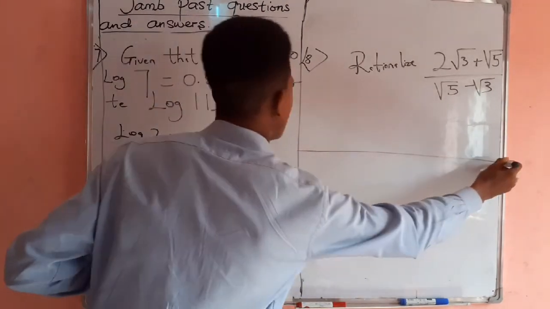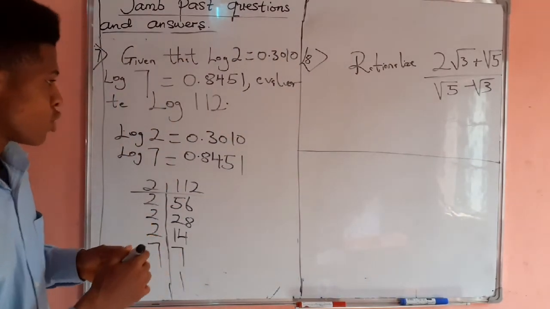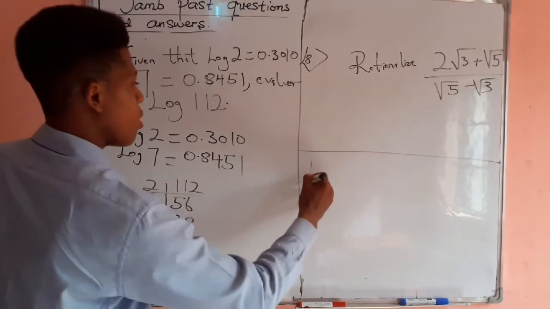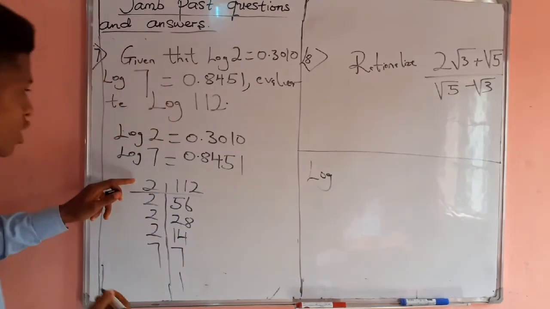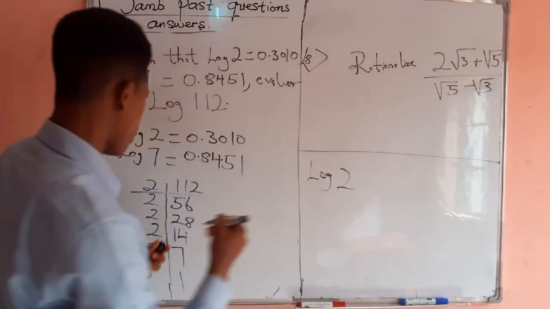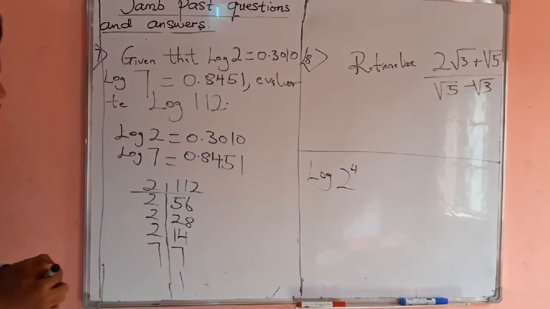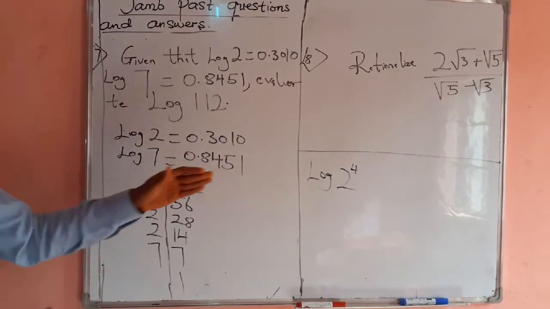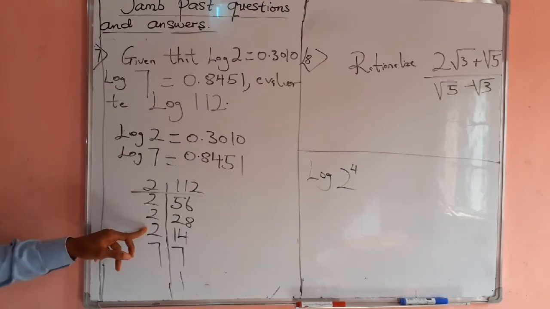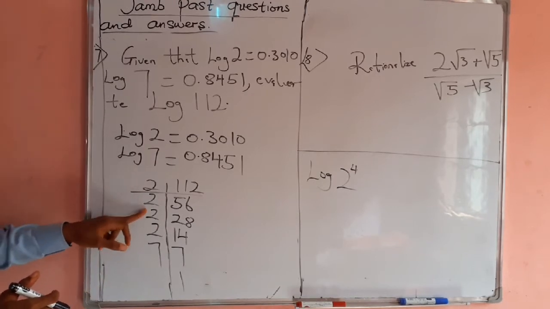So, permit me to use the side of the board to complete this question. So this can also be written as what? Log what? How many 2's? 1, 2, 3, 4. Log 2 raised to the power what? 4. Instead of saying log 2 times 2 times 2 times 2, we'll just combine them and make them raised to the power what? 4. 1, 2, 3, 4.